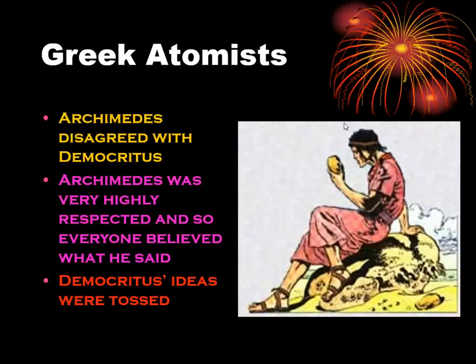Now, guess who the people believed? Okay, Archimedes, for a couple of reasons. Neither one of them had real proof, right? They couldn't definitively show the people, okay, this is what it's made out of. But Archimedes was very highly respected, okay? So basically, Archimedes, just put it here.